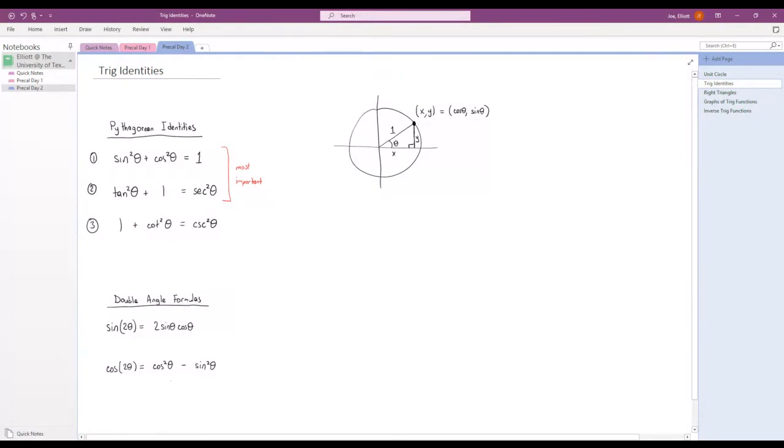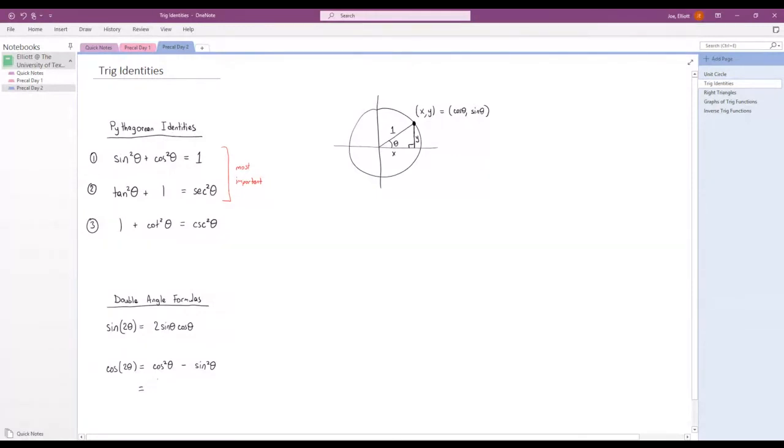Now, however, you can get a couple other expressions for cosine of 2 theta. If you use this first Pythagorean identity and combine it with this identity here, you can come up with a couple more. As an example, from the Pythagorean identity, cosine squared is equal to 1 minus sine squared.